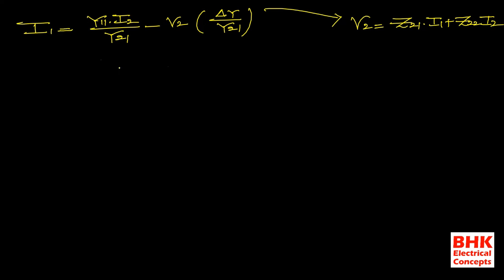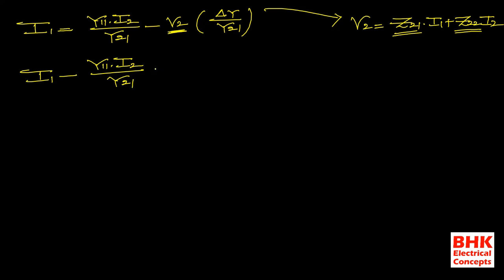That is the reason why, from this whole expression, we need to get the expression of v2. Then, getting the expression of v2, we are going to get the parameters z21 and z22.